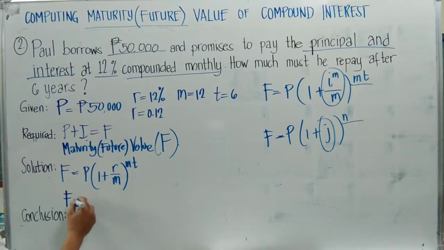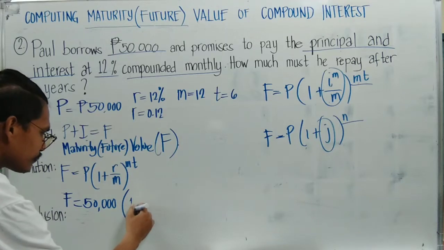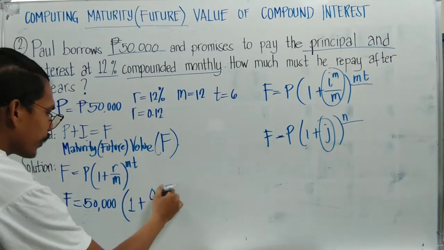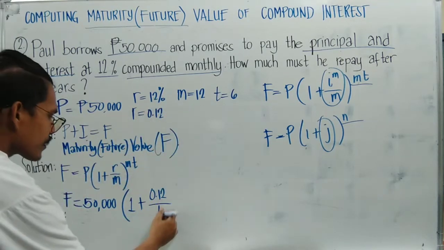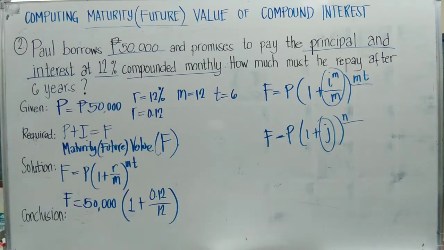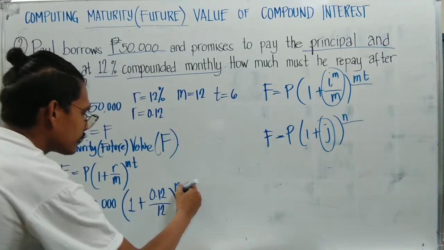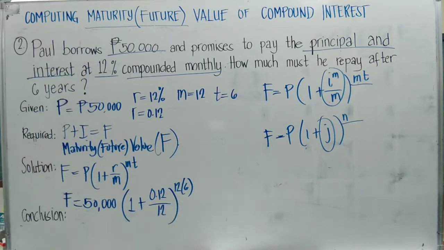So we have F, continuing, substitution, P is equal to 50,000 times the quantity of 1 plus R is 0.12 divided by M, which is 12, quantity raised to M, which is 12, times T, which is 6.